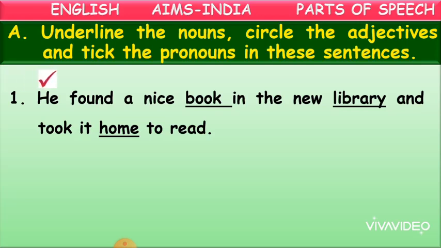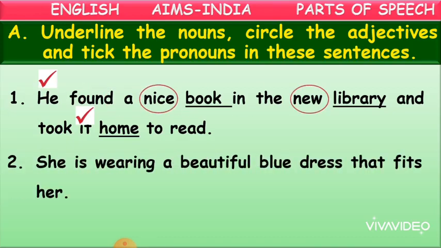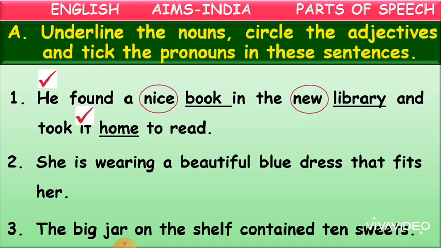Underline the nouns, circle the adjectives and tick the pronouns in these sentences. So here what we have to do: underline the nouns. What are nouns, children? Naming words. Circle the adjectives. What are adjectives?